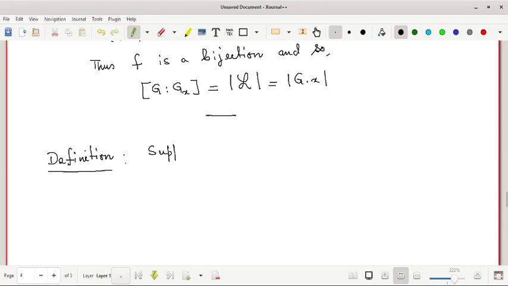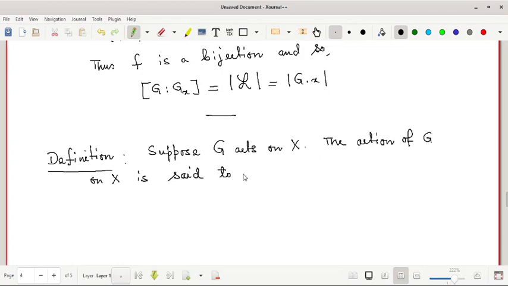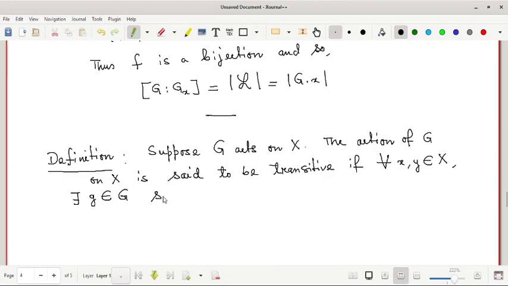The action of G on X is said to be transitive if for every x, y in X there exists g in G such that y equals g dot x.